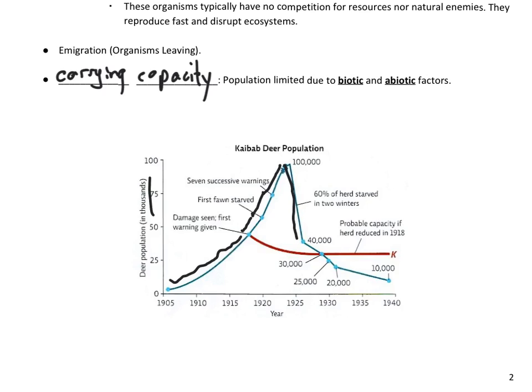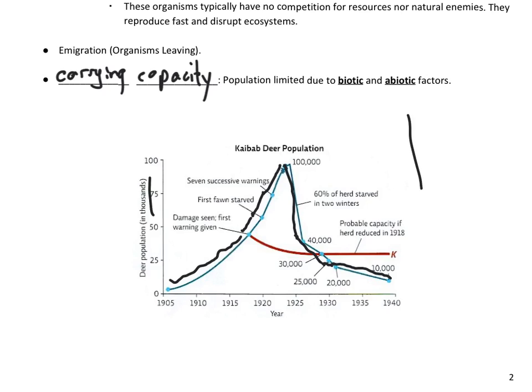And over half of the herd starved as a result of the limited resources and space and the harsh conditions. And so over time, this population kept dropping off and then found an eventual equilibrium, which is a word that we've used before, right?